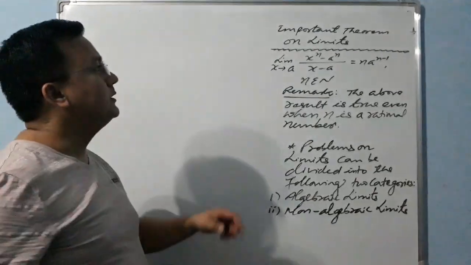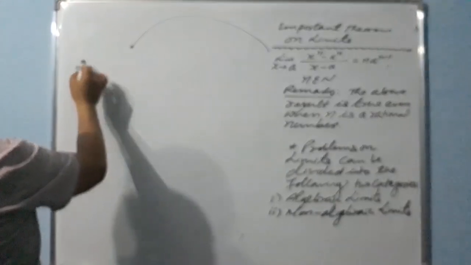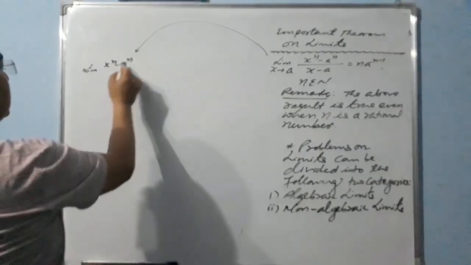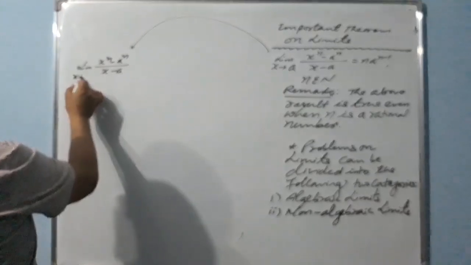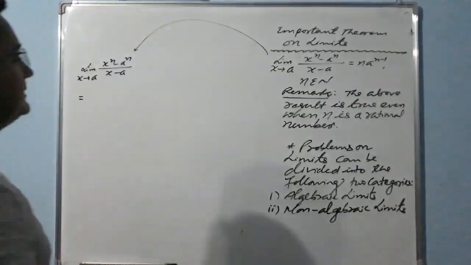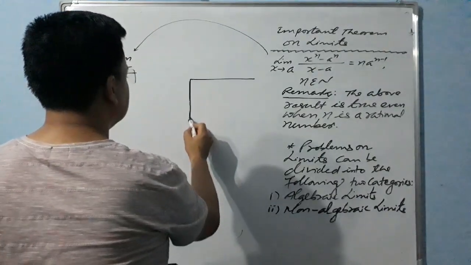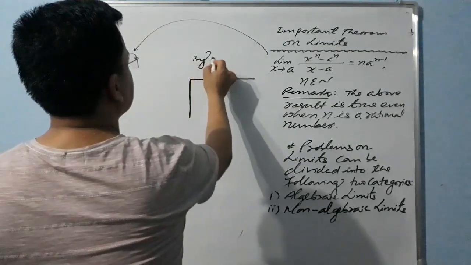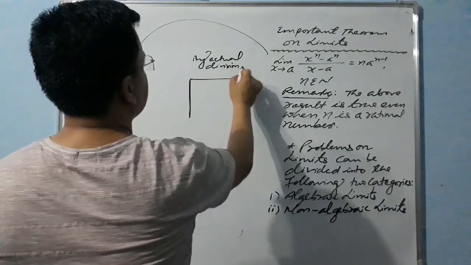Okay, let's find the important theorem on limits. Say the limit of (x raised to power n minus a raised to power n) divided by (x minus a) as x tends to a is equal to, let's divide by actual division, or algebraic division.